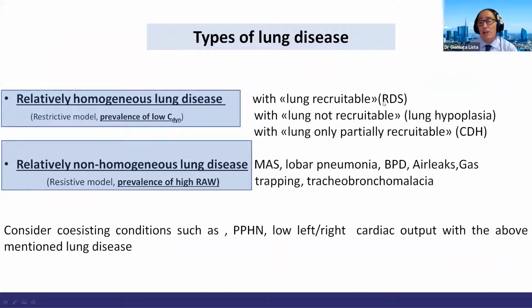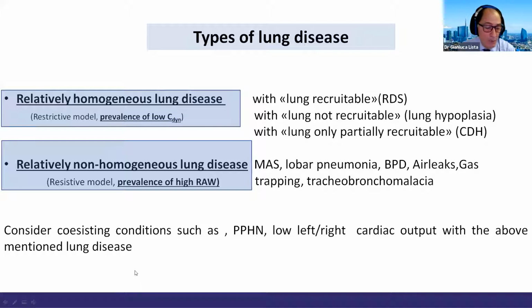And these are the RDS, in which the lung is recruitable, or the lung hypoplasia, in which the lung is not recruitable, or the congenital diaphragmatic hernia, in which the lung is only partially recruitable. The other group is the relatively non-homogeneous lung disease, in which there is a prevalence of high resistance, like what happens for the meconium aspiration syndrome, lobar pneumonia, BPD.